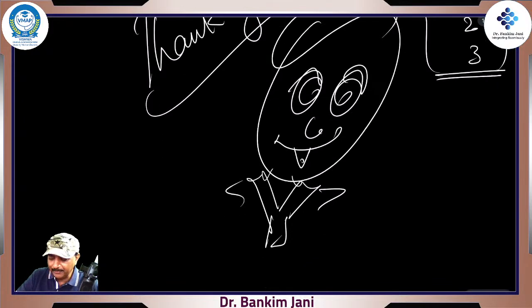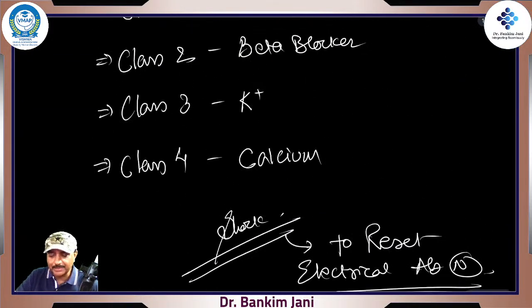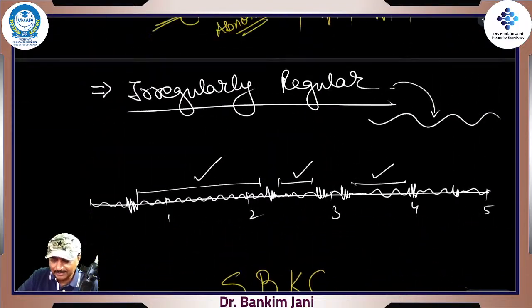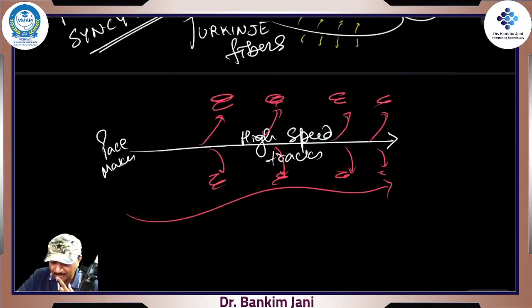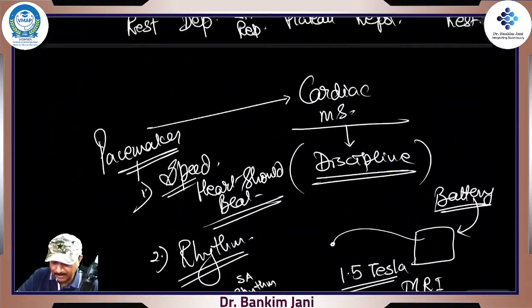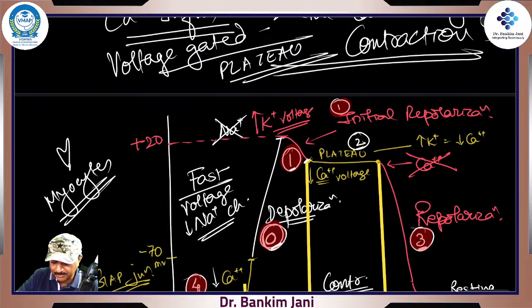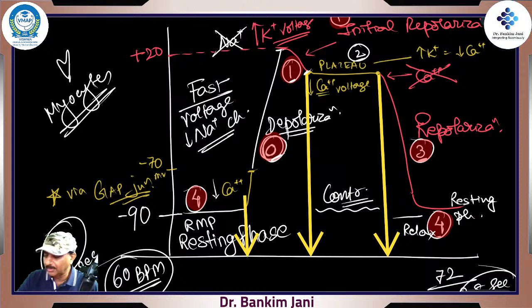The same way, if there is a calcium channel blocker, right? Let me take one very quick practical implementation. If we introduce a calcium channel blocker, what would happen? It will block this calcium, right? The calcium which is entering would act absolutely here.